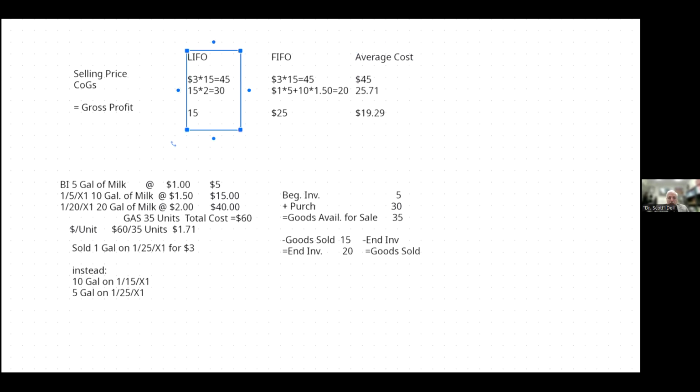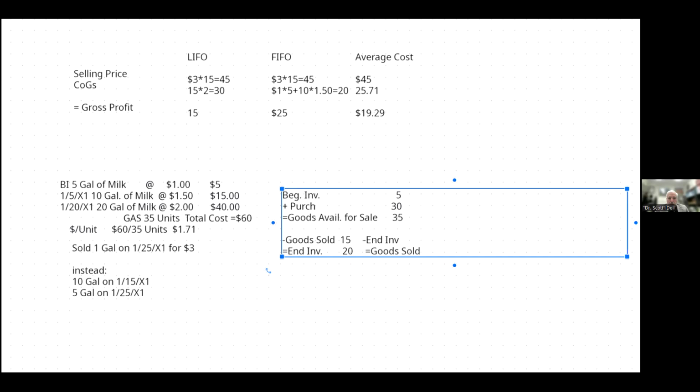And so if we go back to our formula here, let's stretch this out a little bit. And I'm going to go in and I'm using a LIFO basis here, and a FIFO basis here, and an average cost here. I can go right on down and say, you know what?